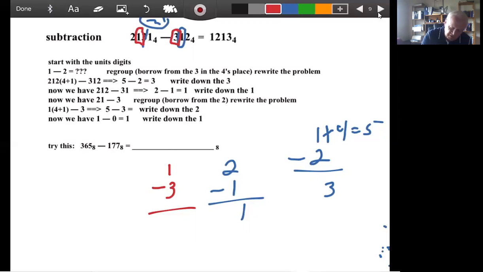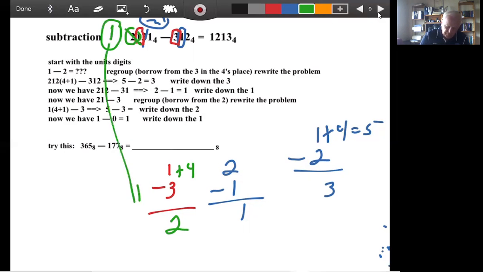So we're going to go over here to this 2, and leave that as 1 and bring over a 4. So when you do that, 5 take away 3 now becomes 2, and then we have our 1 left over, which gives us the 1, 2, 1, 3. That's how that works. And when you get used to it, it goes pretty smooth as time goes on.